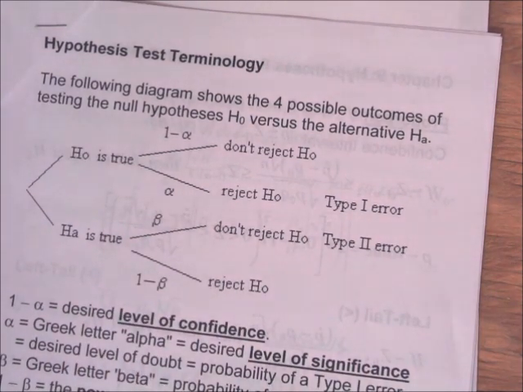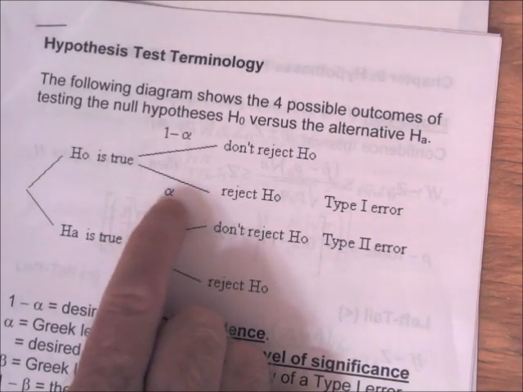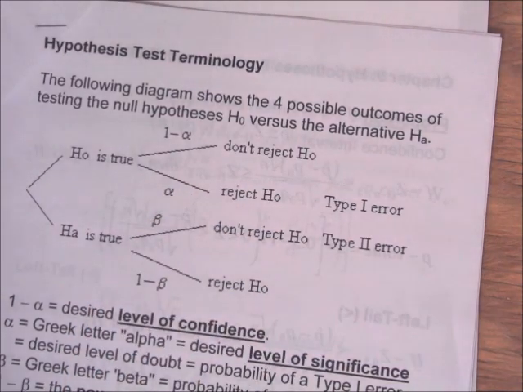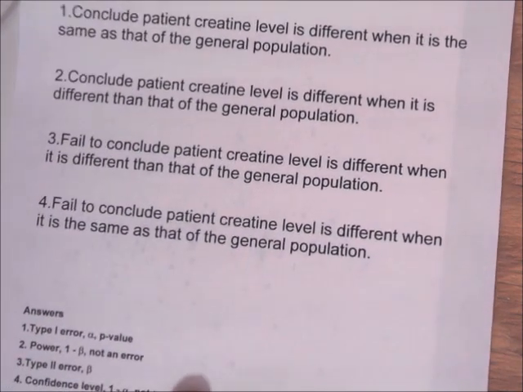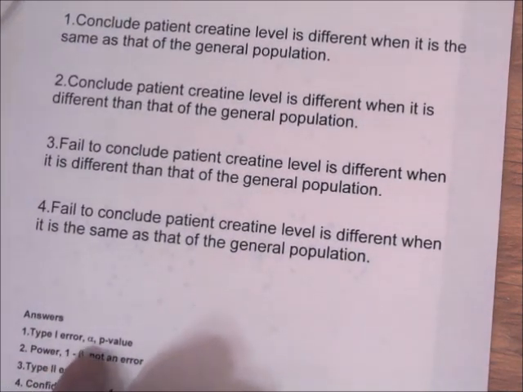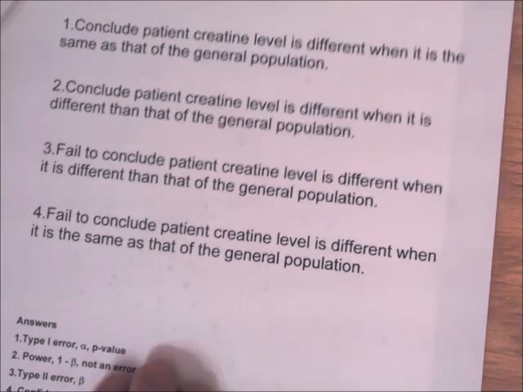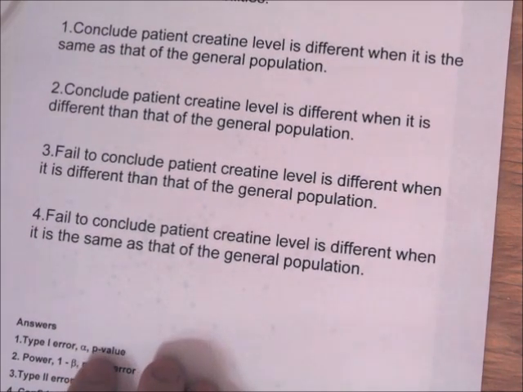I like to call that alpha the level of doubt, although it's also called the level of significance. So the answer to part 1 is a type 1 error, alpha. The actual level of significance, or level of doubt, is called the p-value. Alpha is the maximum desired level of doubt, but the p-value would be the actual probability of a type 1 error.